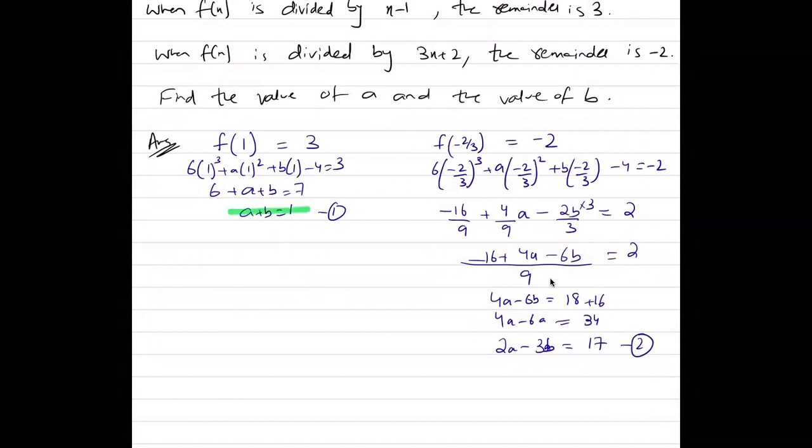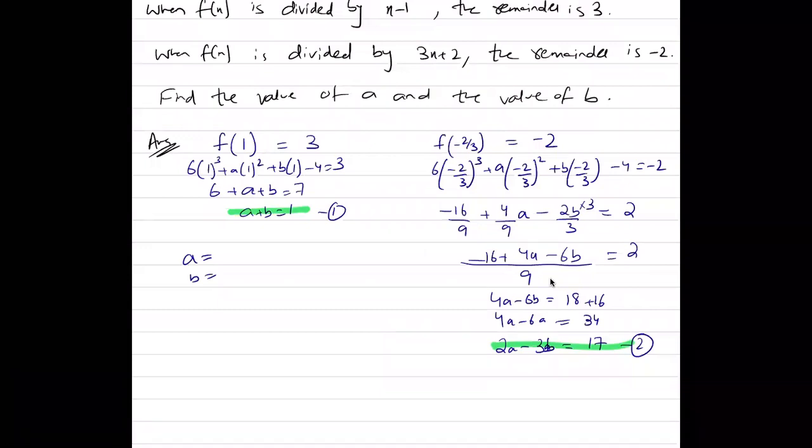Now you can solve this and this simultaneously to get me the value of a. B is minus 3 and a is 4, I think.